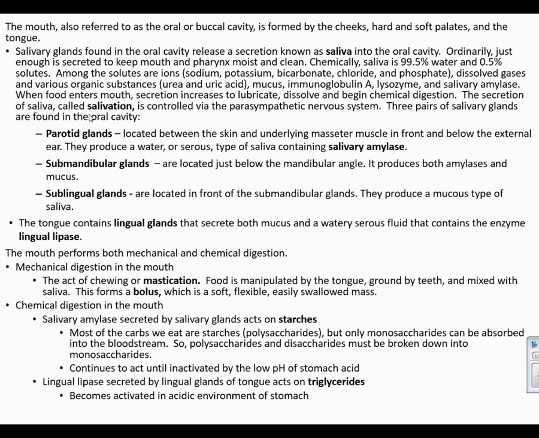Salivary amylase, secreted by our salivary glands, acts on starches. Now, what are starches? Are they fats? Are they carbs? Are they proteins? Or are they nucleic acids? They're carbs. So I'm going to do something, and I'm going to continue doing this throughout this entire lecture, so I'm going to have to rewrite it because I'm not going to get all the way through the lecture today.